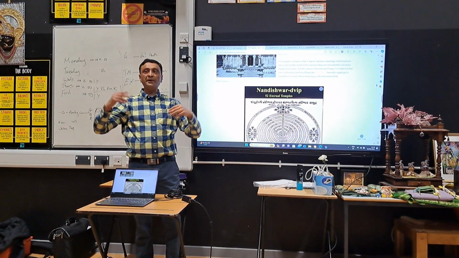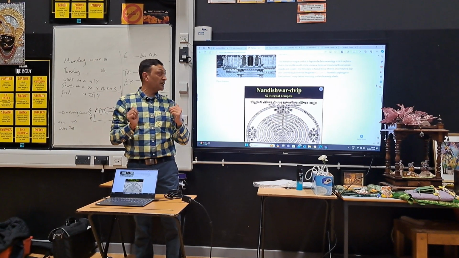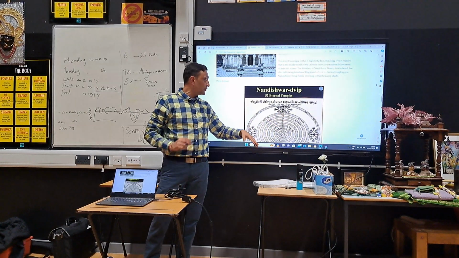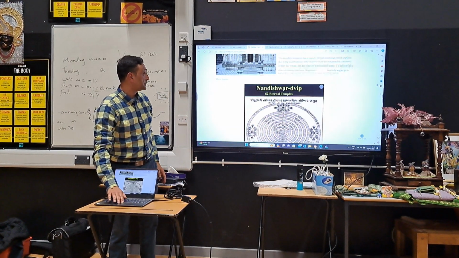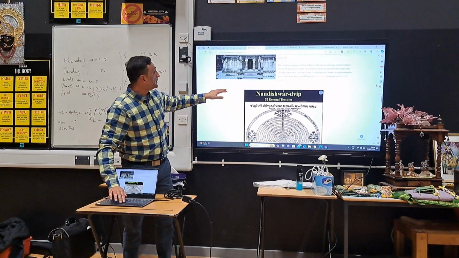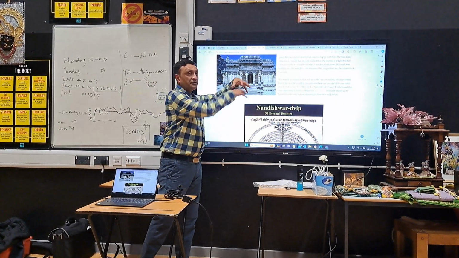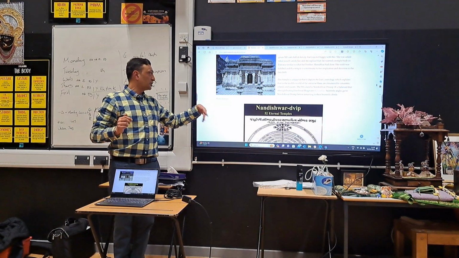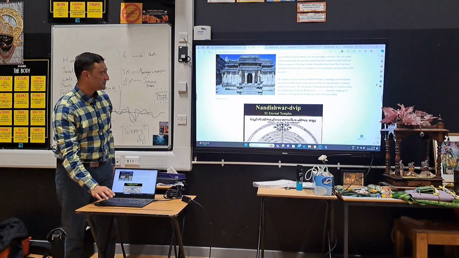In the past, it seems the devas would many times go there to do darshan at Nandishwar Dweep. This is the only temple which has inside a recreation of these 52, and you can look at the Nandishwar Dweep 52.